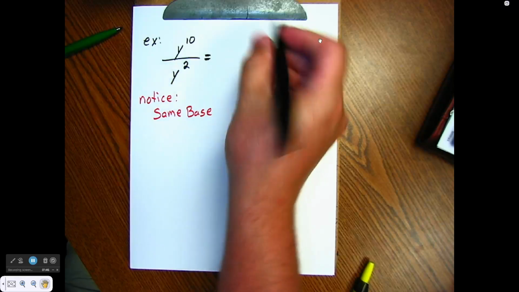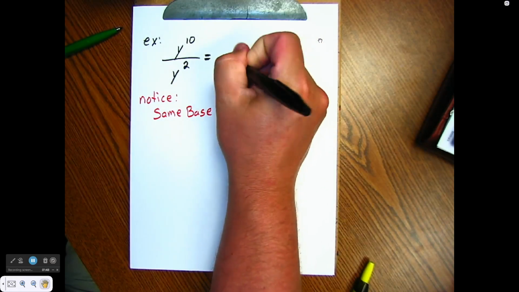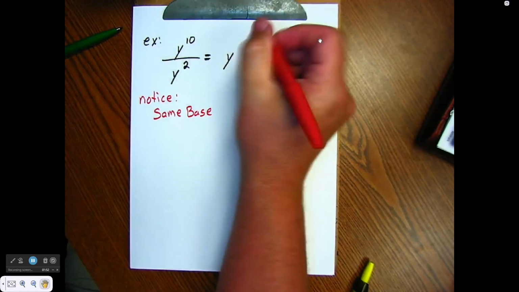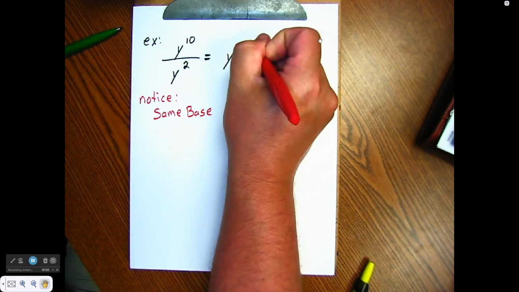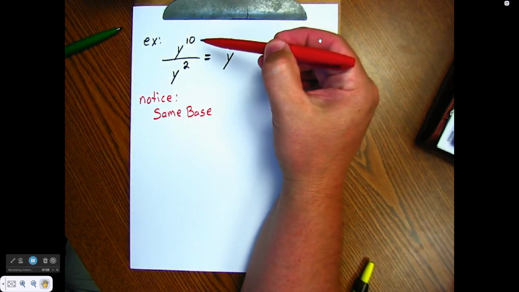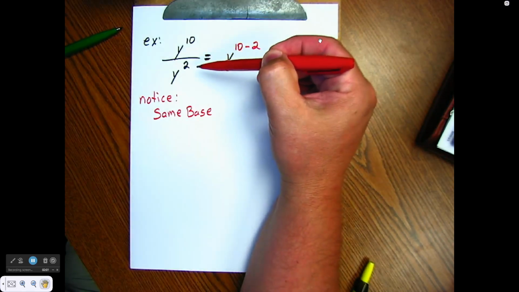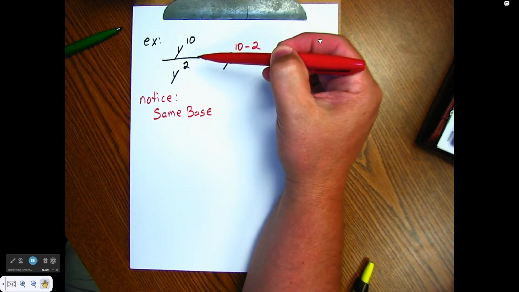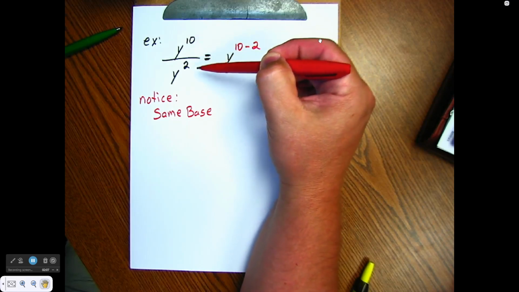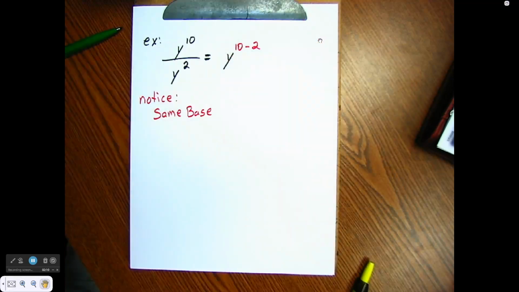The quotient rule says we're going to take this base of y and we will subtract our exponents. 10 minus 2. The exponent on top minus the exponent on bottom, in that order, top minus bottom.